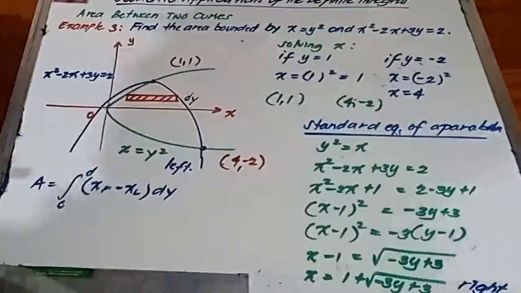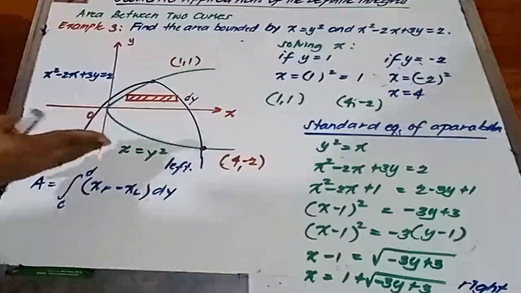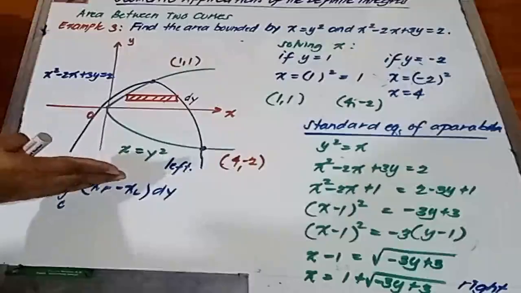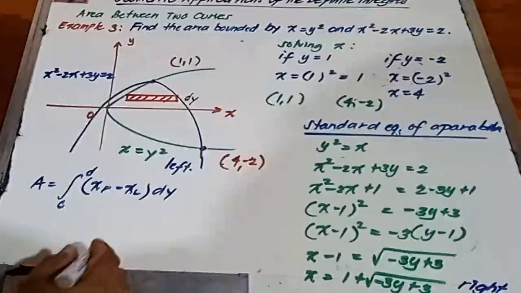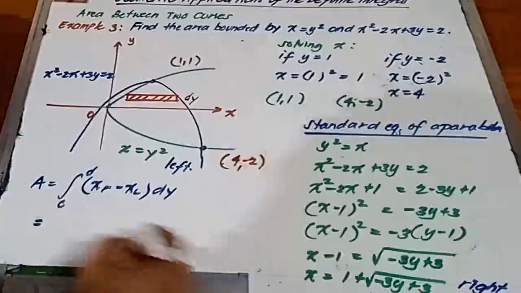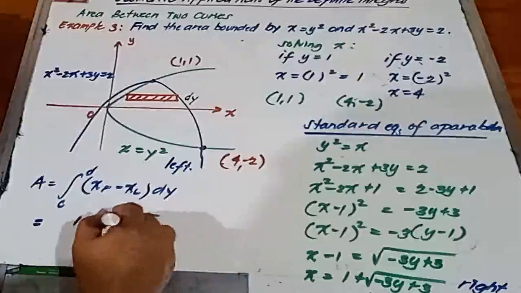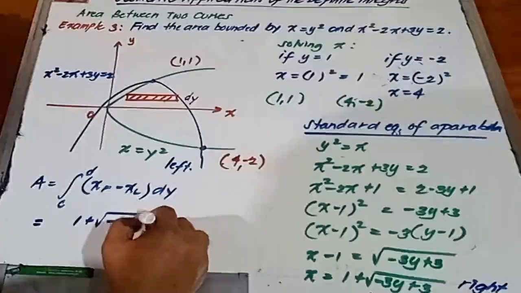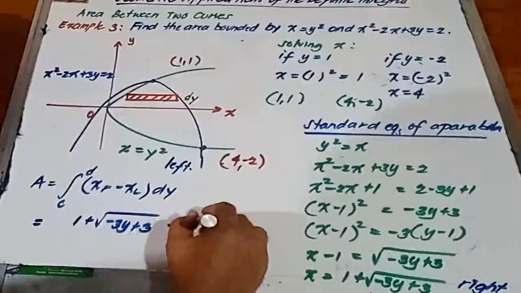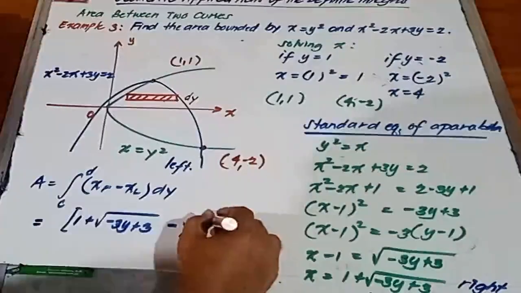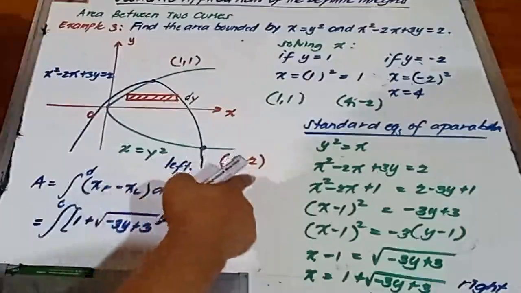Ito yun, horizontal element. So, ibig sabihin, yung interval natin ng y from negative 2 to 1. Okay? X to the right natin ay ito, 1 plus square root of negative 3y plus 3, minus x to the left, which is y squared, dy, integral from negative 2 to 1.